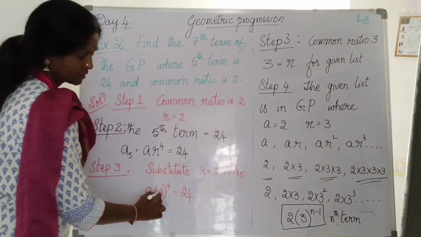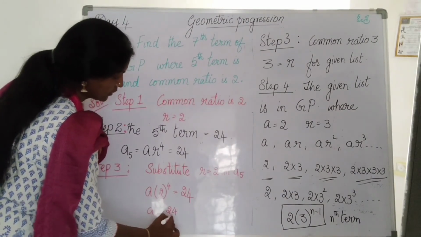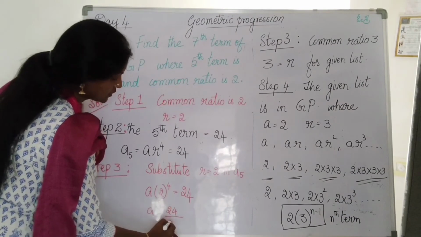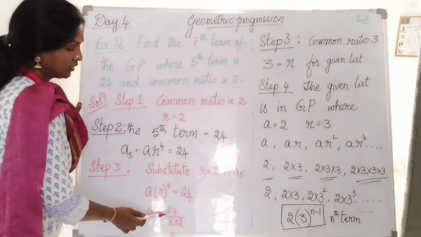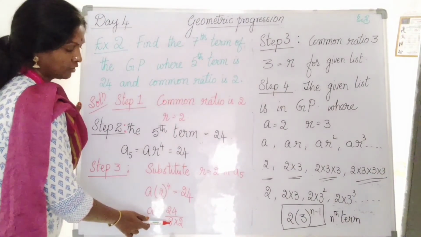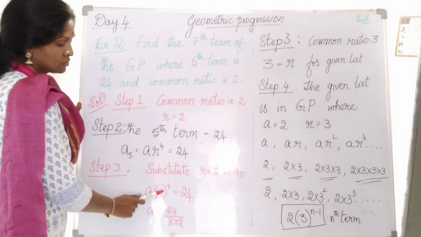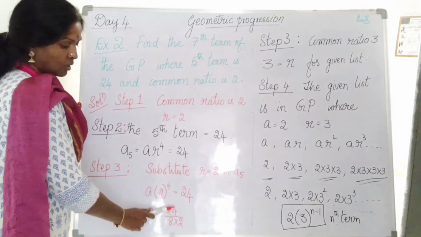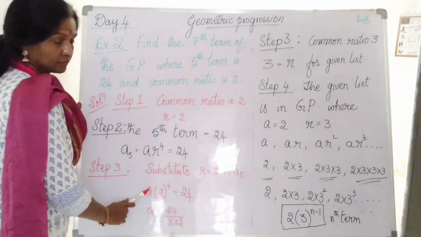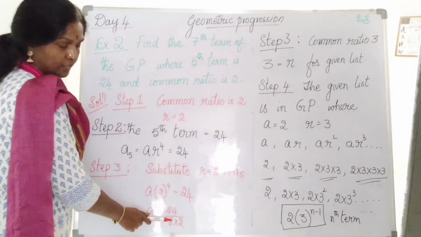Then when you simplify this one, what do you get? It is 16, no? So 24, I can write it as 16 can be written as 8 into 2. Why am I writing here in the denominator? Because when you transpose 2 to the power of 4 from LHS to RHS, the multiplication part will become the division part.